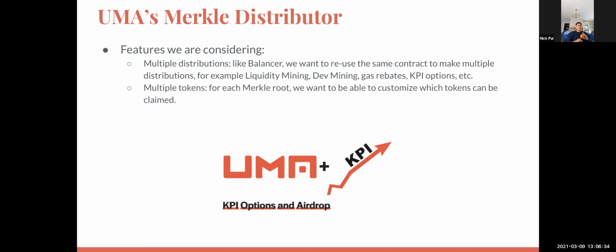So say in week 0, the foundation is going to upload 1,000 UMA or 1,000 KPI options, and it's going to upload a list of all claimants. It's going to create a Merkle root from there and deploy that Merkle root to the smart contract, and then users are going to be able to claim for that week.